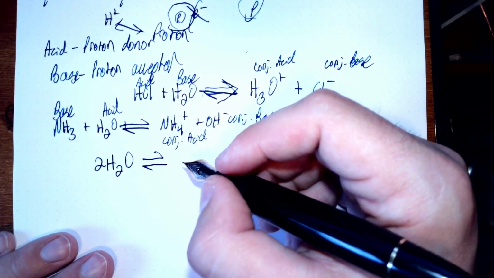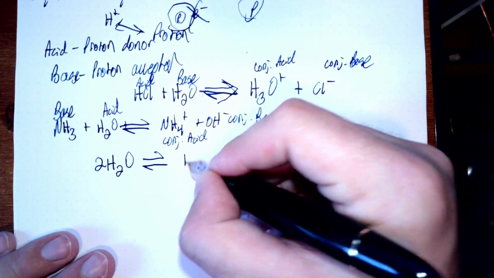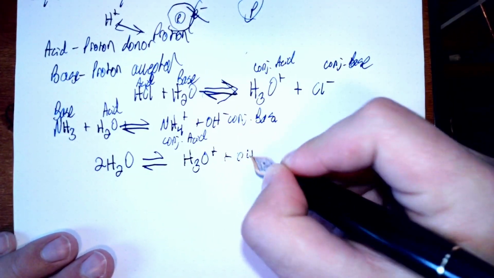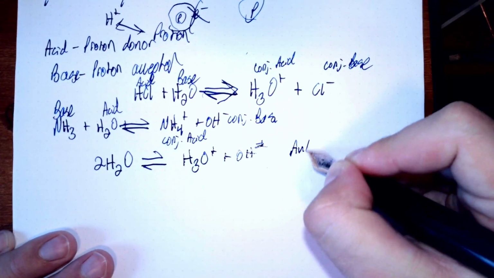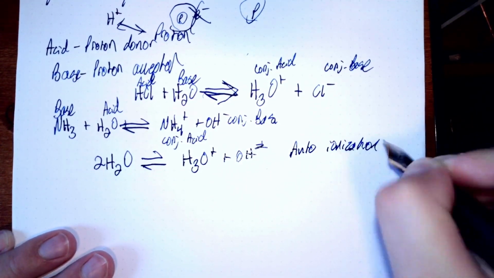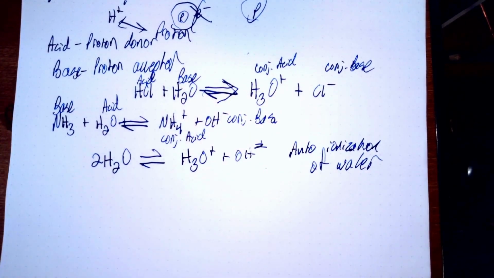We'll talk about that when we get into doing pH calculations, but a small amount of water actually does break down into H3O plus and OH minus. That's called the autoionization of water. Right, and that covers the framework of section 9.1.